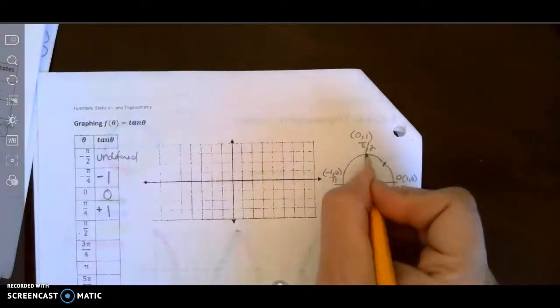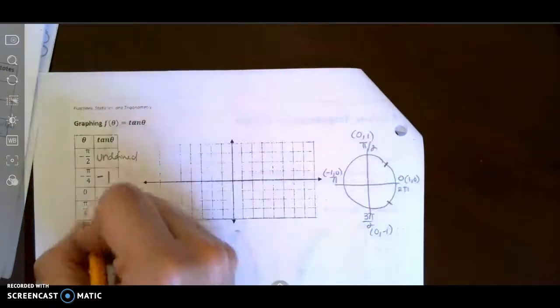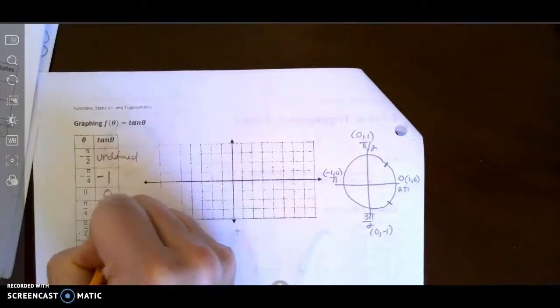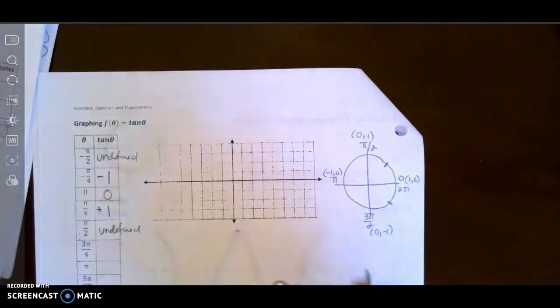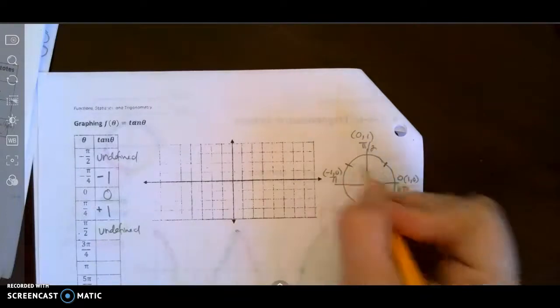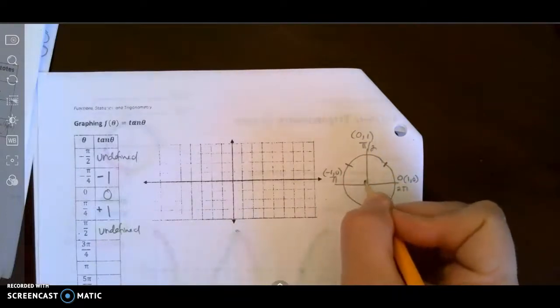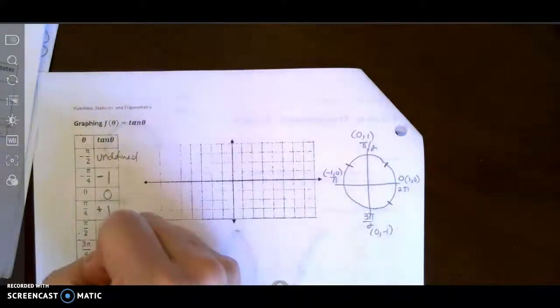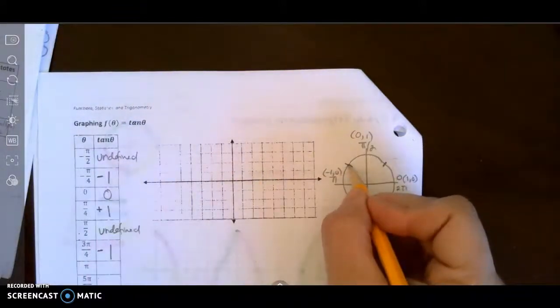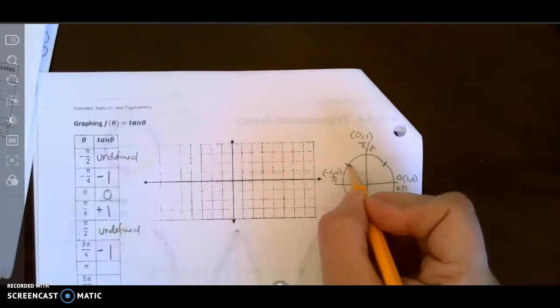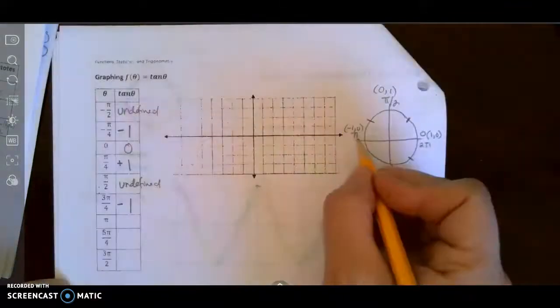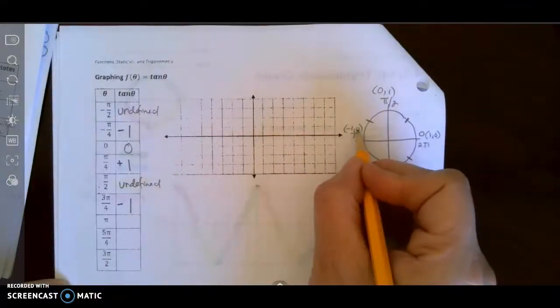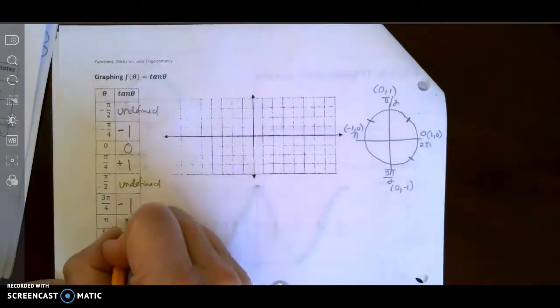Up here at pi over 2, I have 1 divided by 0, so that's going to be undefined. 3 pi over 4, which is going to be right here, I have a positive over a negative, so it's going to be negative again. And it's going to be 1, because again, square root of 2 over 2 divided by square root of 2 over 2. At pi, I have 0 divided by negative 1, which is 0.